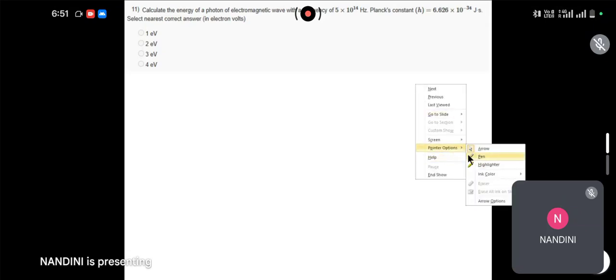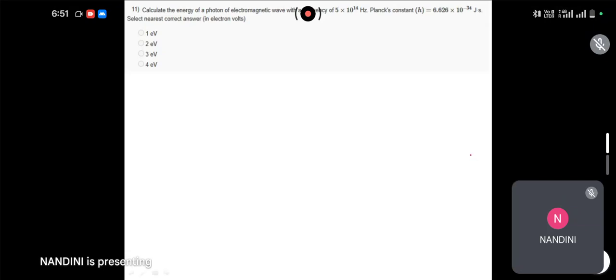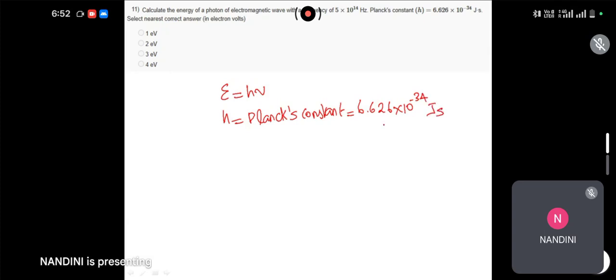So we know that electromagnetic radiation is transmitted in the form of packets of energy, which are known as photons, and each packet has an energy of h nu, where h is Planck's constant, which has a value of 6.626 into 10 raised to minus 34 joule second, and nu is the frequency of the radiation.